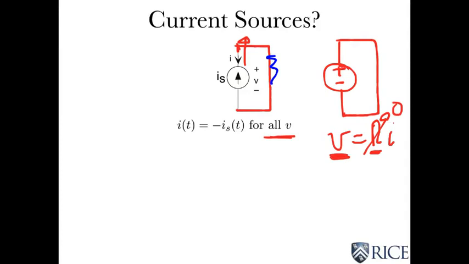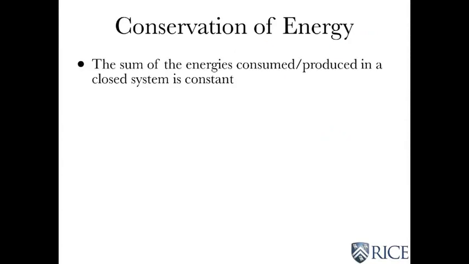Well, to get a number here, this current would have to be infinite to make everything work out. And so voltage sources do not want to be short-circuited. Current sources do not want to be open-circuited. Voltage sources do not want to be short-circuited. Fundamentals of electrical engineering.